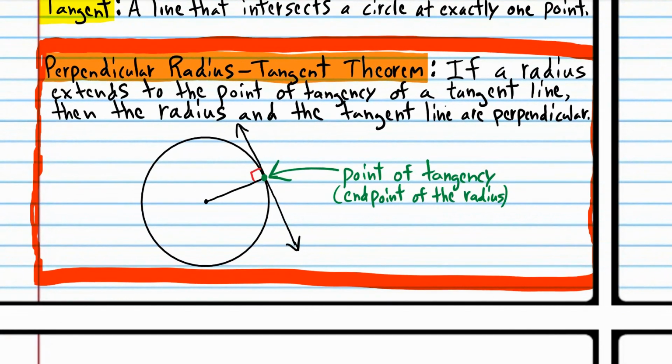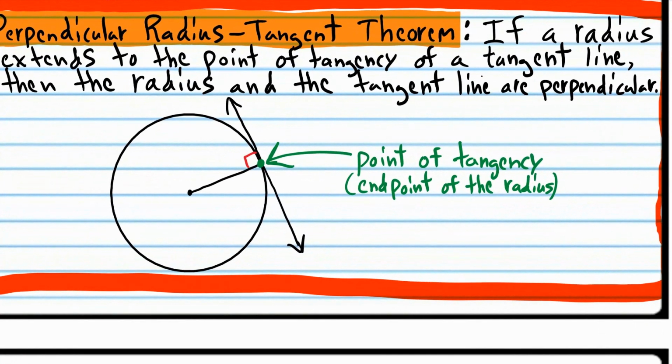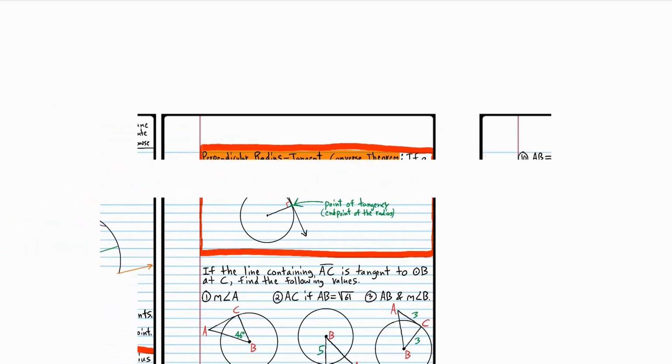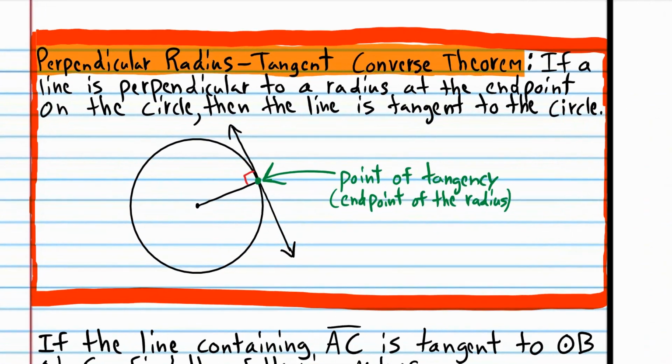This theorem says that if you have a line that is tangent to a circle, meaning it touches at one point, and we call that point the point of tangency, and you extend a radius out to that point of tangency, then the angle between the radius and the line is 90 degrees. So they're perpendicular.